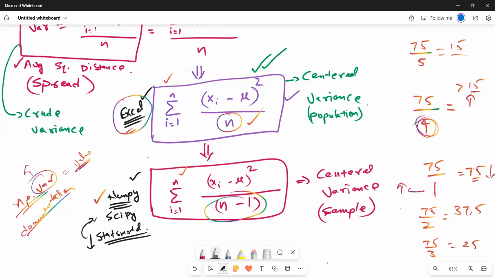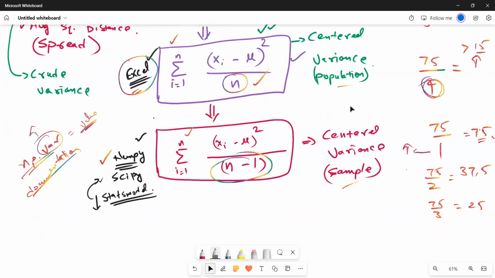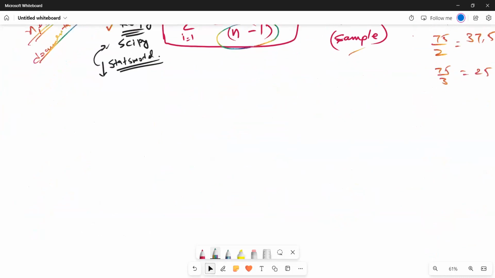Okay, we have a valid question here. How do you decide whether you have to use the population or the sample formula? When you're working on a raw data set, every data set is considered a sample. Why is it considered a sample? Because population is basically your complete data set.